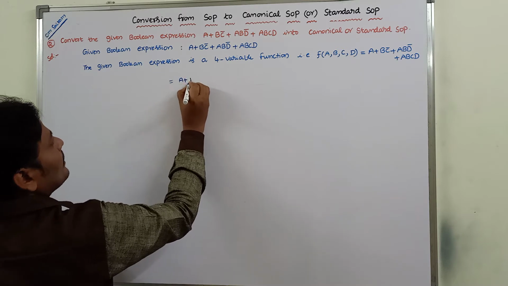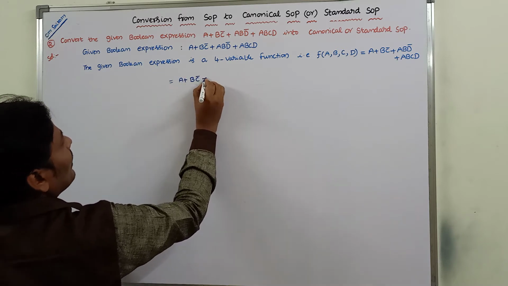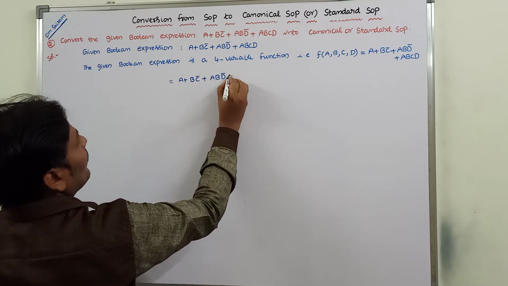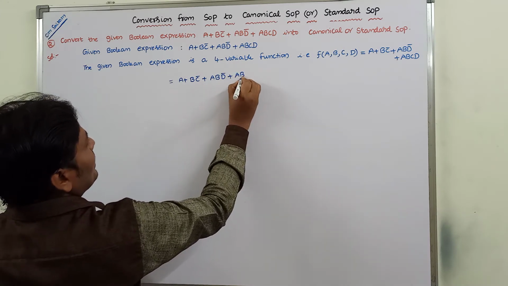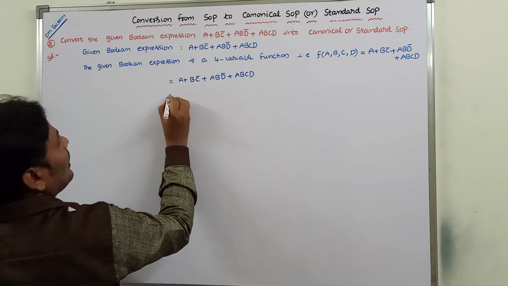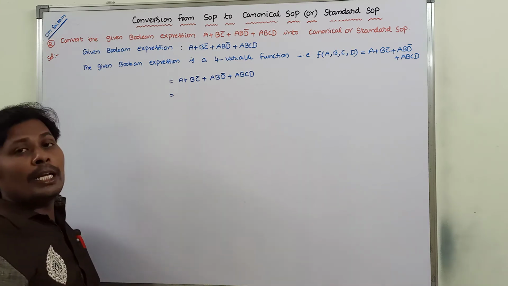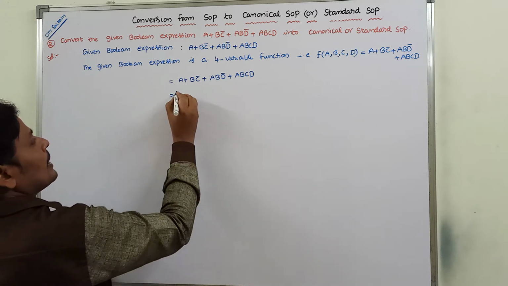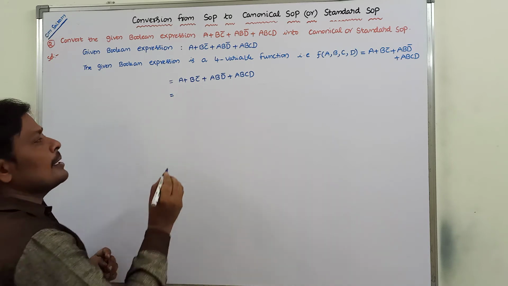In the first term, how many variables are missing? 3 variables are missing: b, c and d.